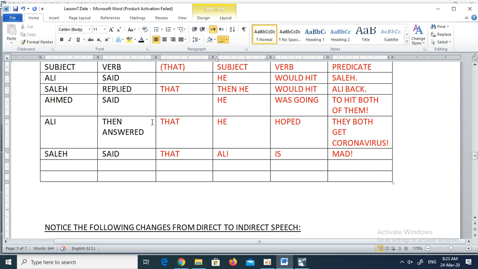When Ali answered, "I hope you both get coronavirus," that is the direct speech. But when Ziad tells me what Ali said, the subject is no longer "I," the subject becomes "he." So the subject pronouns often change when we move from the direct to the indirect speech.